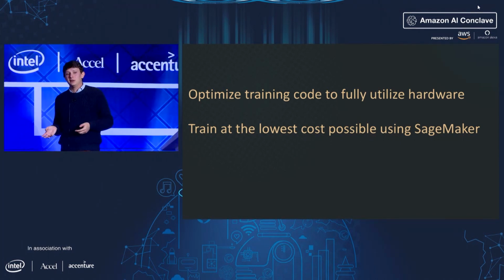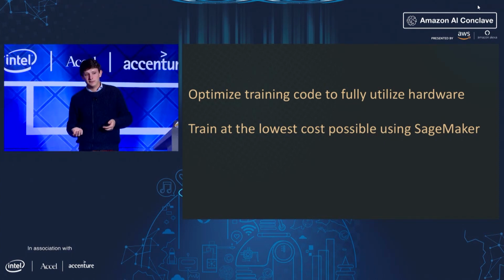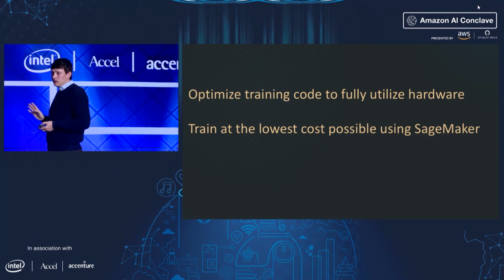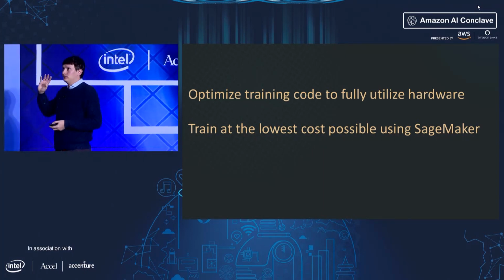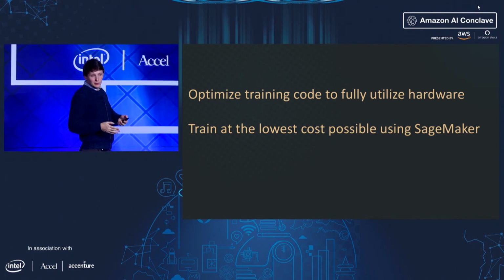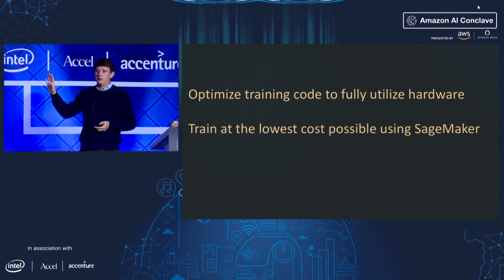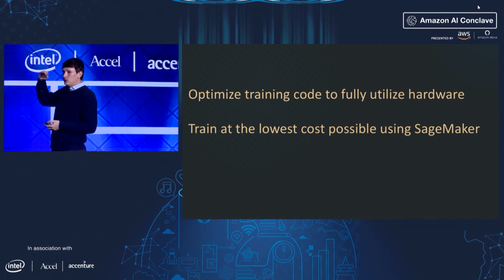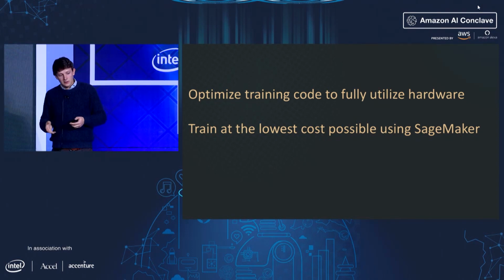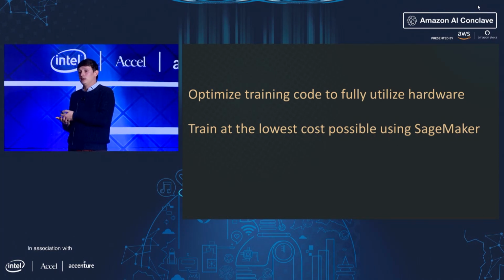We looked at the code, and using the same hardware, we managed to get a 64 times speed improvement just by optimizing the code. That tells you how critical it is, and even top-class data scientists might not have the engineering background to do the right data pipelining. With Gluon, we're really aware of that, and we put asynchronous processing and multi-processing right into the framework and make it very easily accessible.